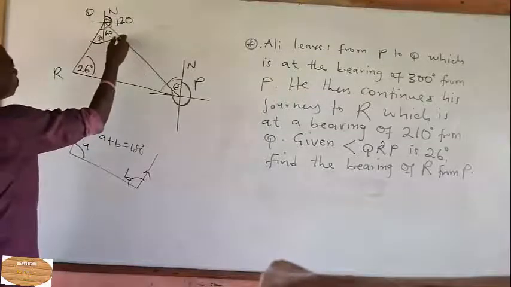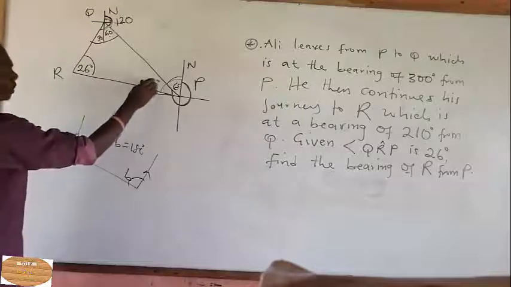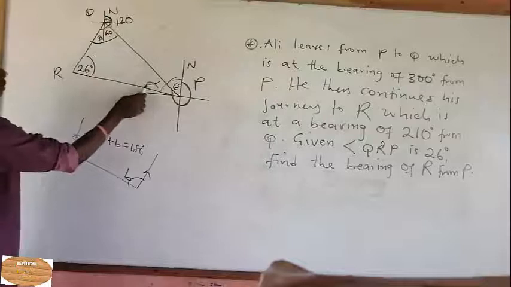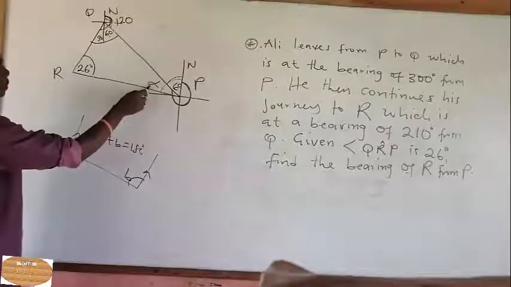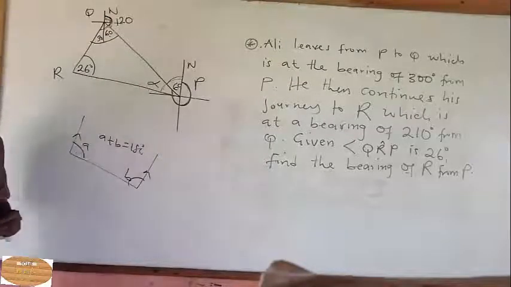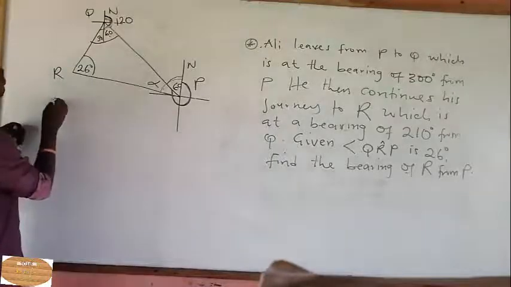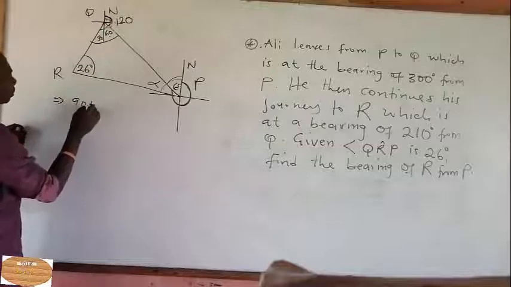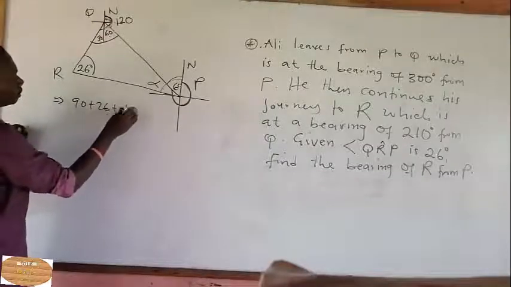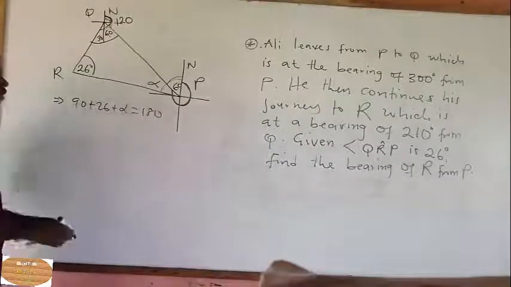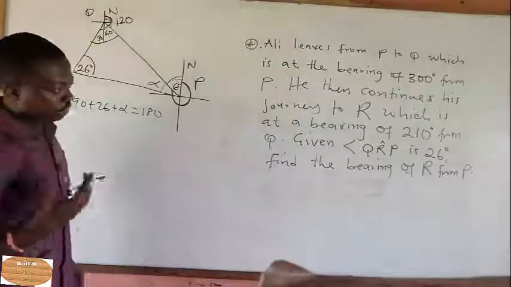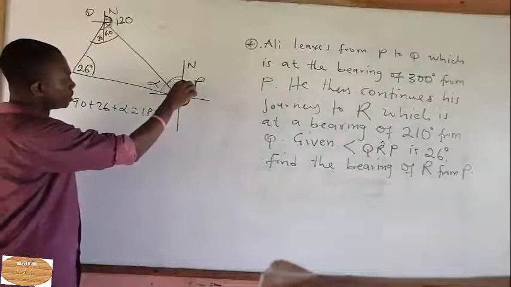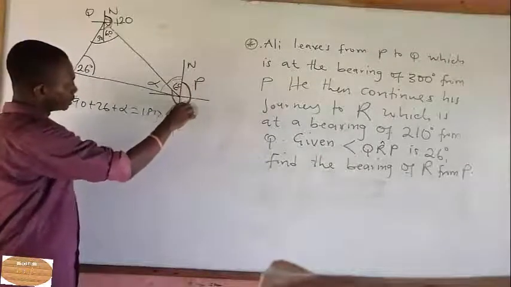Alright, so we know this information, so we can find this angle. We know this side and this side; this side is yet to be found. Let's find alpha. We have 30 plus 60 is 90, plus 26 plus alpha will give you 180 degrees.